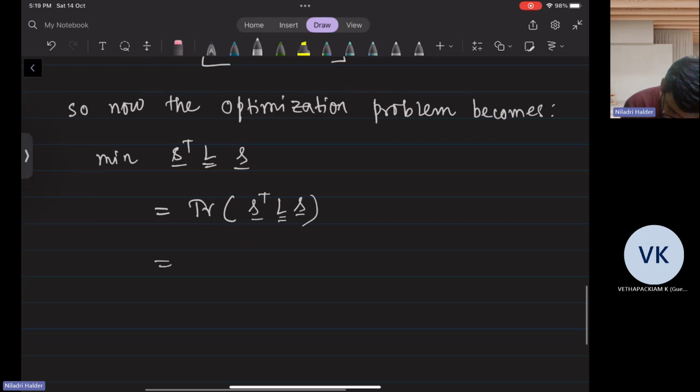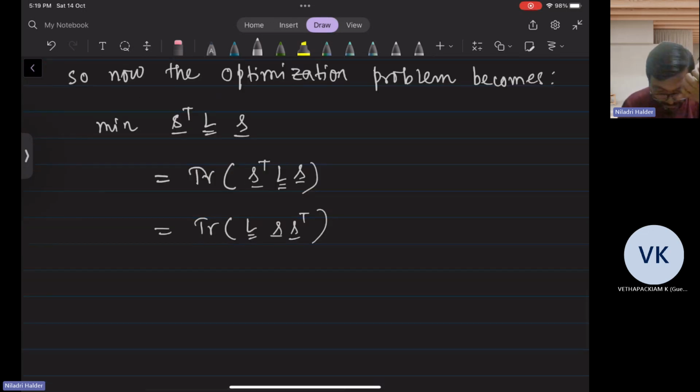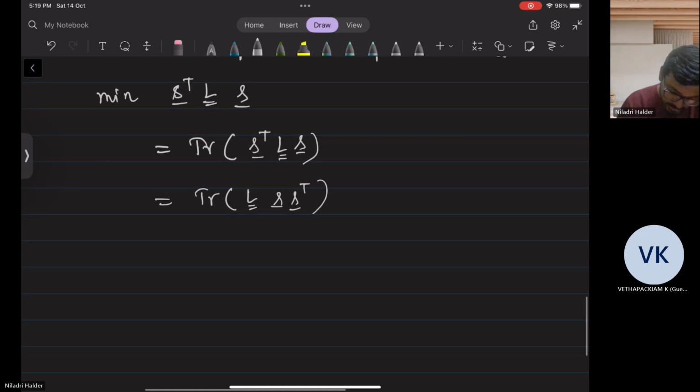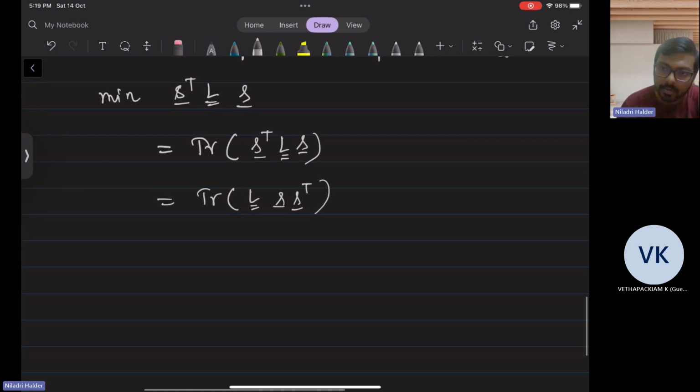So this will be the same as the trace of L s s transpose. Trace of ABC is equal to trace of BCA if the dimensions match for the matrix multiplication, or trace of AB equals trace of BA if the dimensions match.